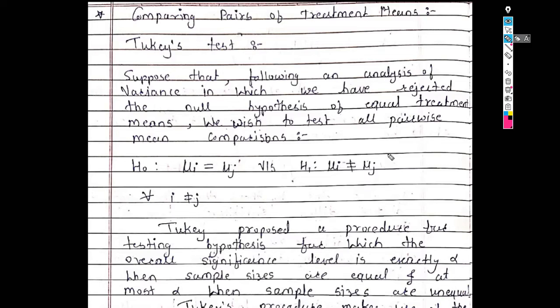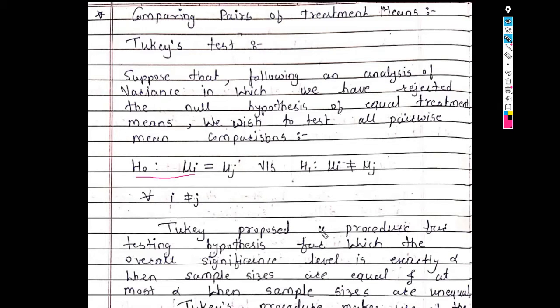So in this test we define our hypothesis for comparison of two treatment means. Our hypothesis is H naught: mu i equals mu j, versus the alternative: mu i is not equal to mu j, for all i not equal to j.